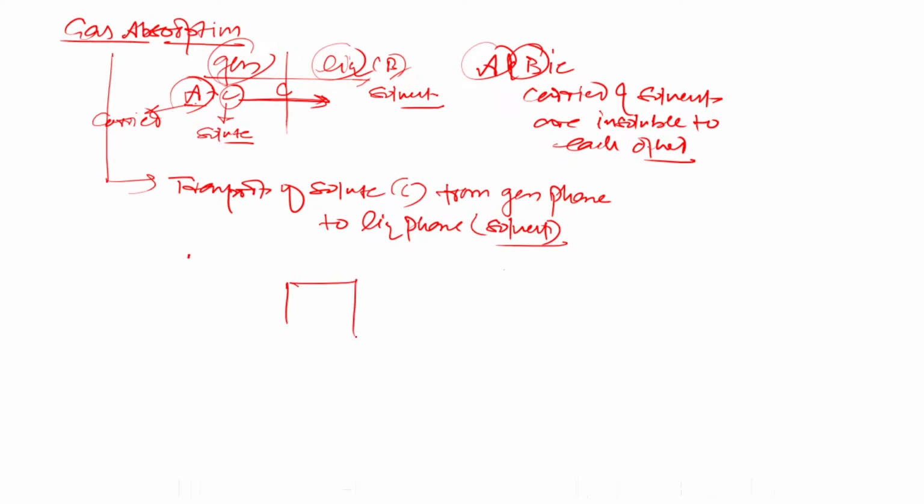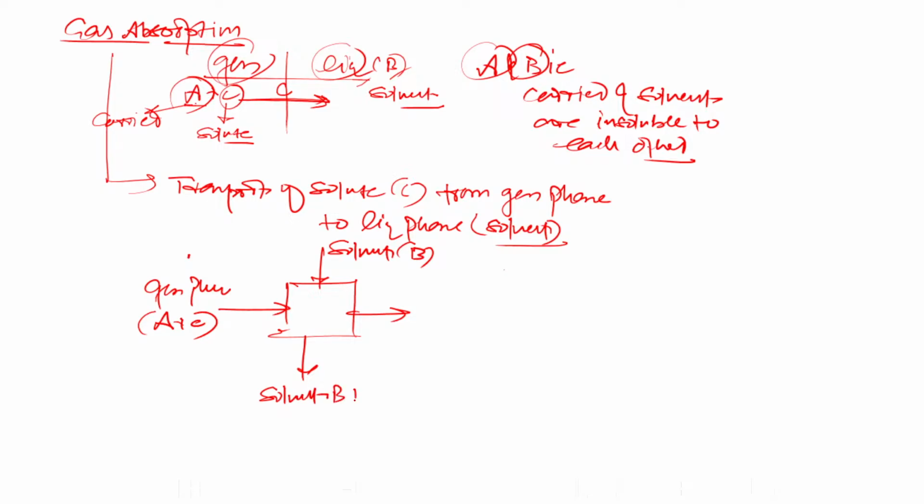So if we are going to indicate the absorption technique, let's say this is the feed, which is the gaseous phase A plus C, and we have added the solvent, which is B here. Then after the operation, the solvent which is coming out will consist of B plus some amount of C as well.